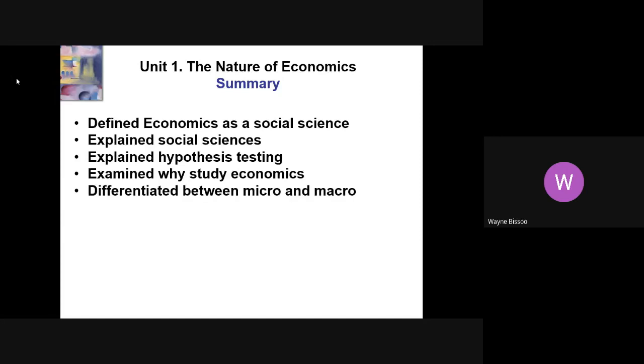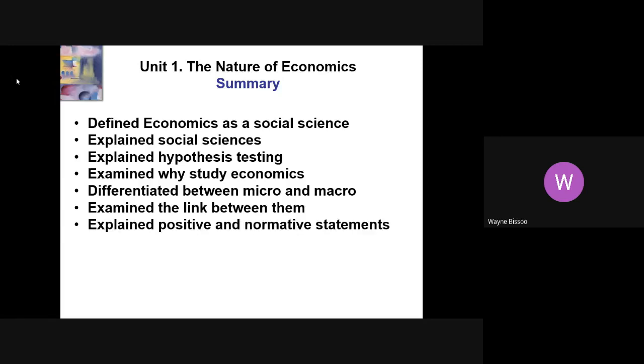We differentiated between micro and macro economics, and we examined the link between them in terms of how they support each other, the micro supporting the macro and so on. We also looked at positive and normative statements and how they relate to positive and normative economics. And that then brings us to the end of Unit 1.